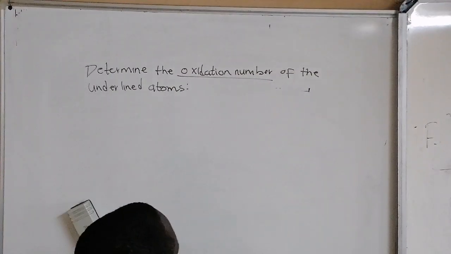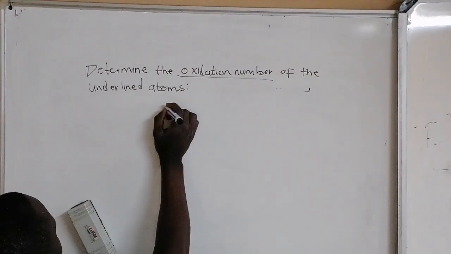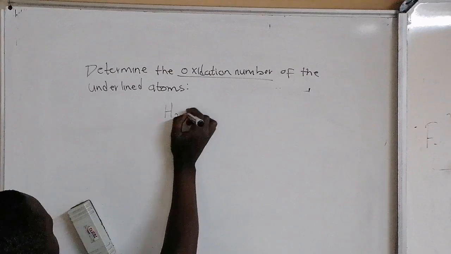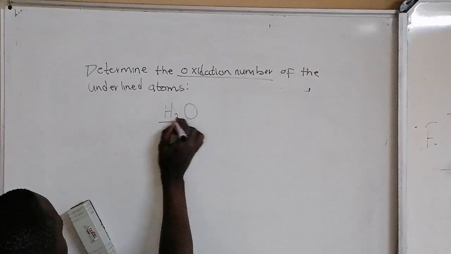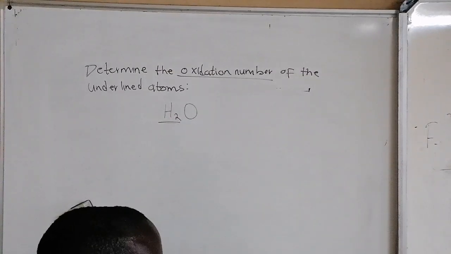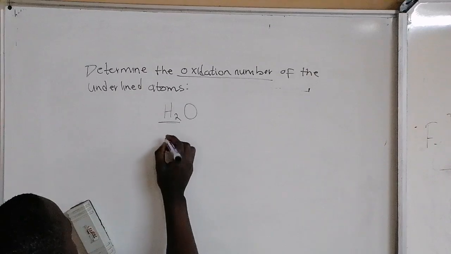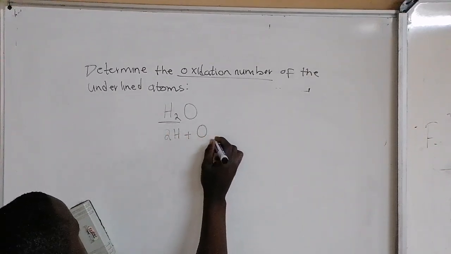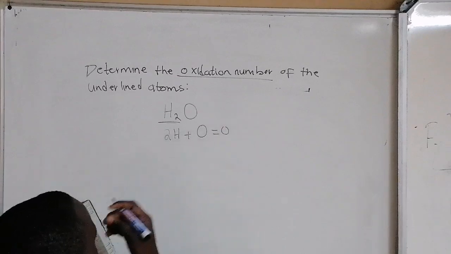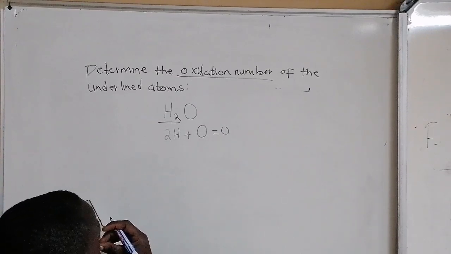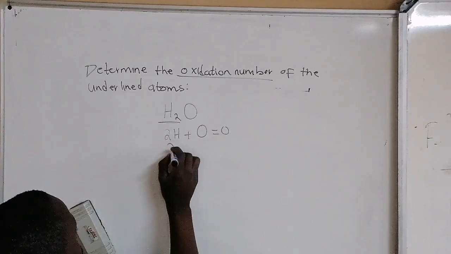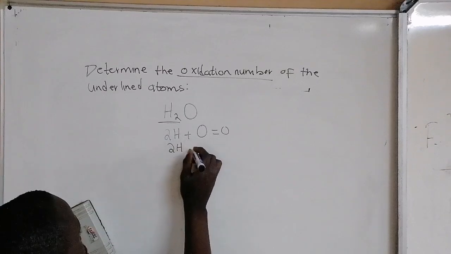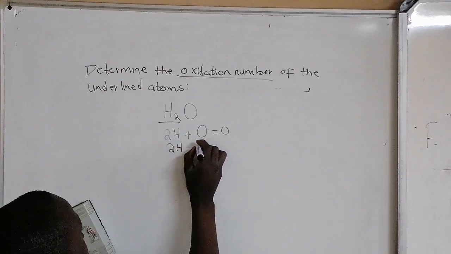Let me say we were to determine the oxidation number of H, the hydrogen atom. So we'll say 2H plus oxygen atom equal to 0, the net charge, since we are not given any. So 2H minus 2.